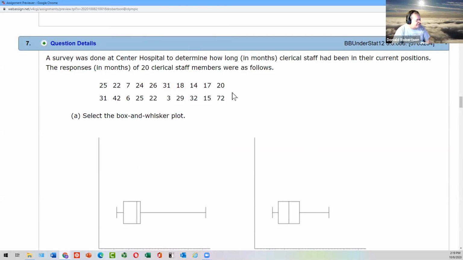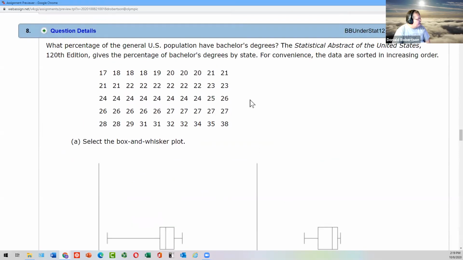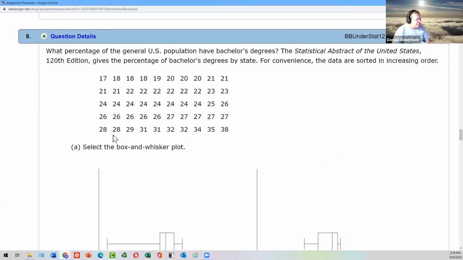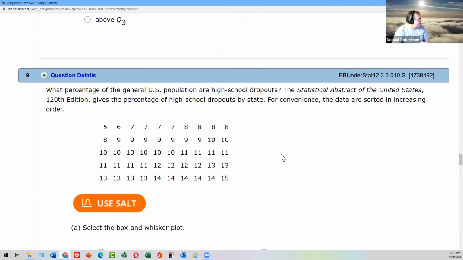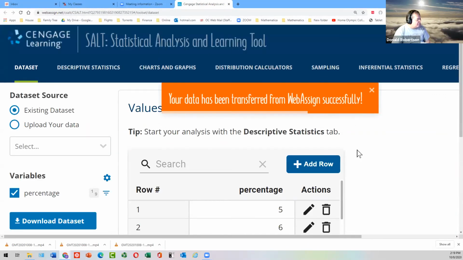Question 7, same idea. Question 8, can you see that you really do want to start using your calculator? I do not want to do that by hand, right? This time, we can use SALT. So if I click on SALT, the data appears, or it will in a few seconds.